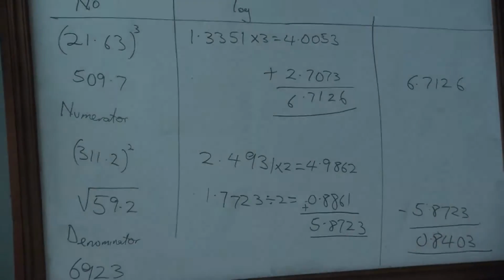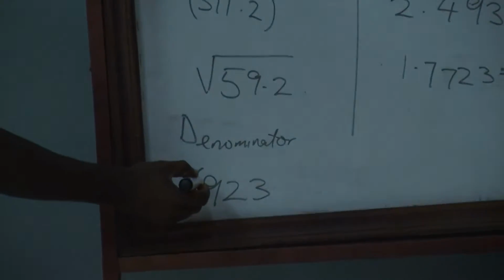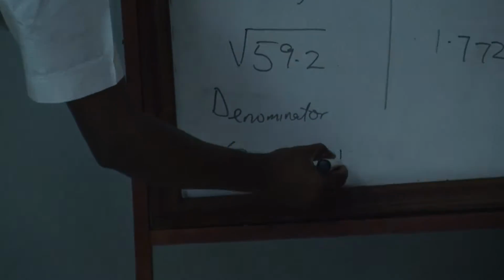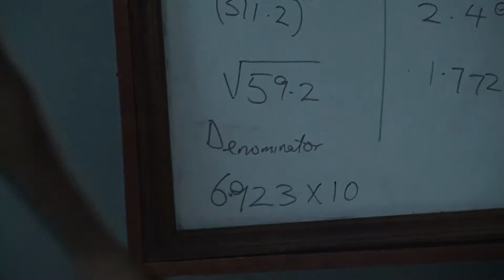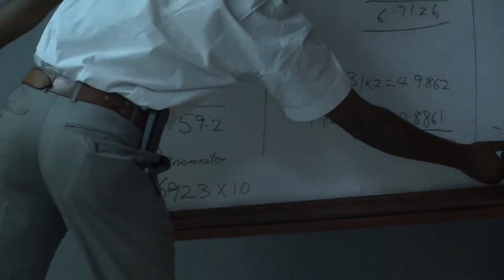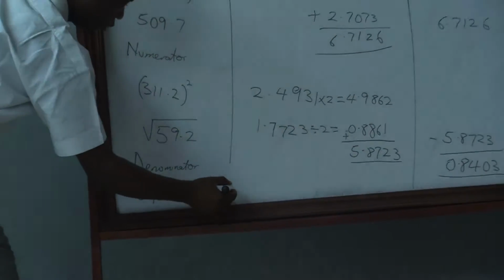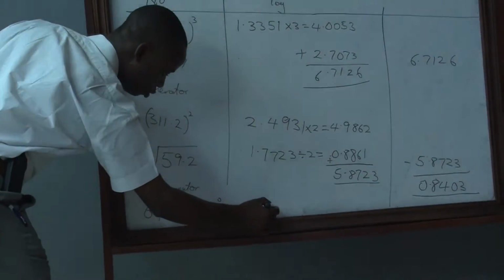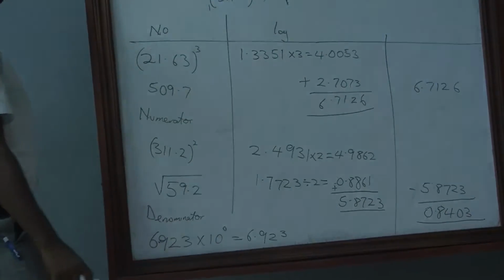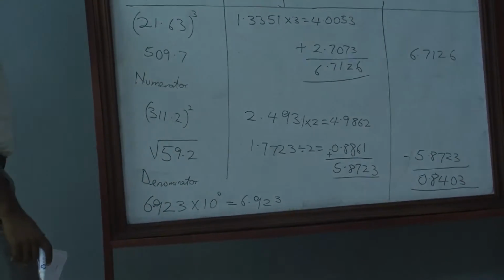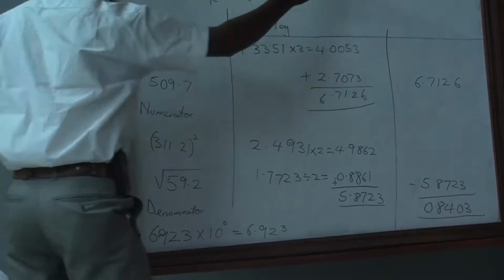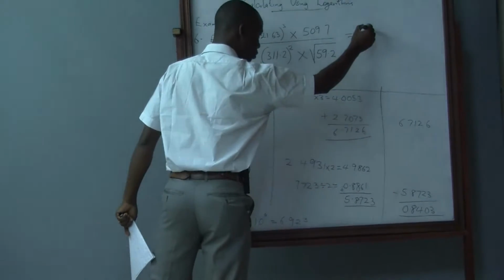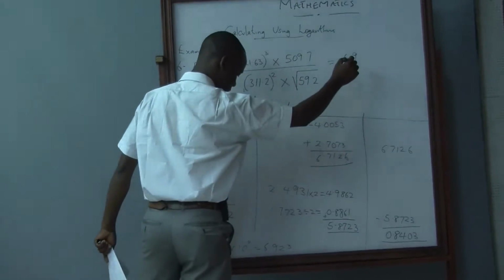To find out what our final answer will be, we'll write this in standard form: 6.923 times 10, and our 10 will be raised to the power of 0, which is the same thing as 6.923. That is, the whole of this expression equals 6.923.